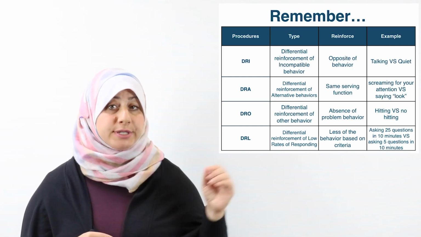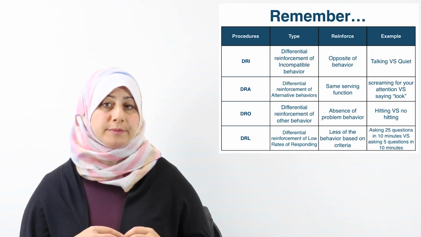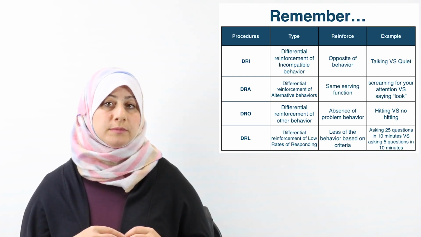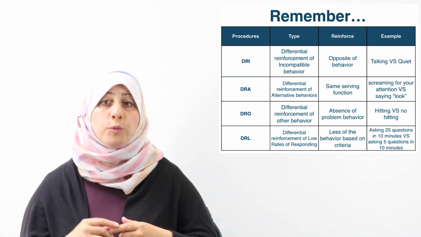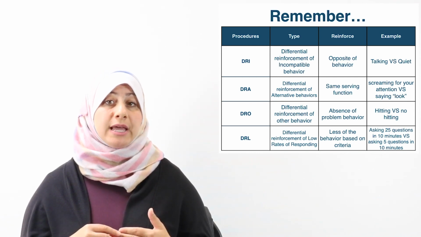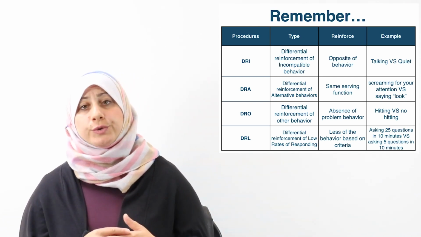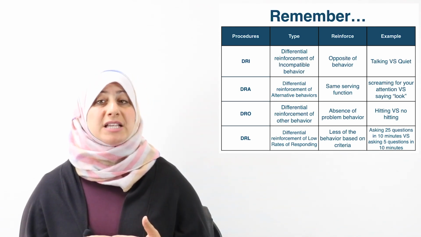A DRA procedure is teaching something functionally equivalent to it. So what's the function? Now replace it with something more appropriate. So if the learner is cursing, teaching them to say, "Oh man," or "Oh shoot." If the learner is crying for a cookie, teaching them to ask for it.